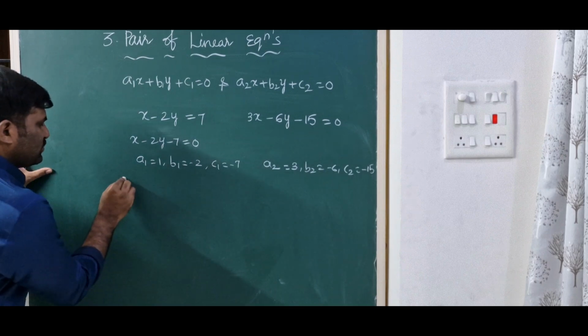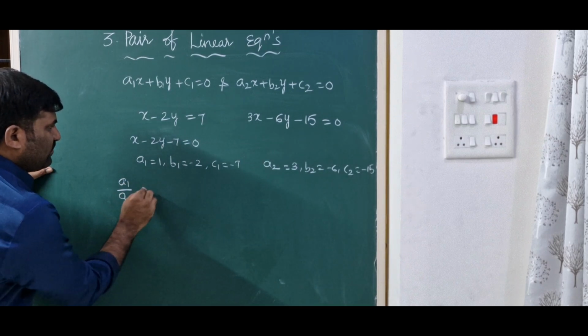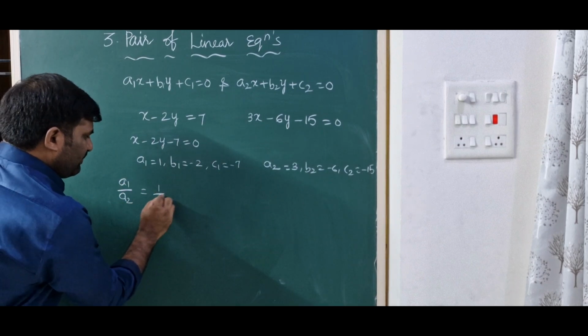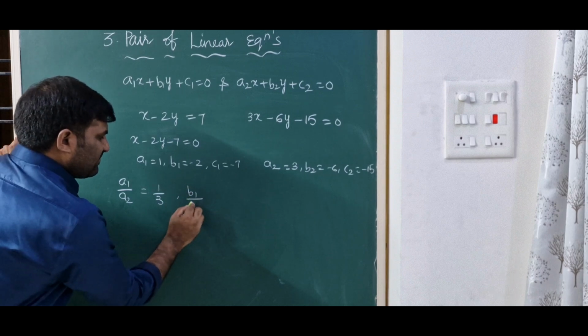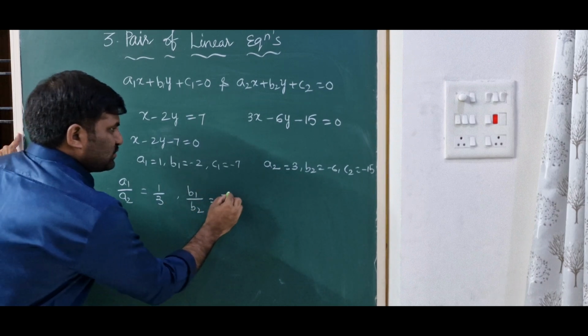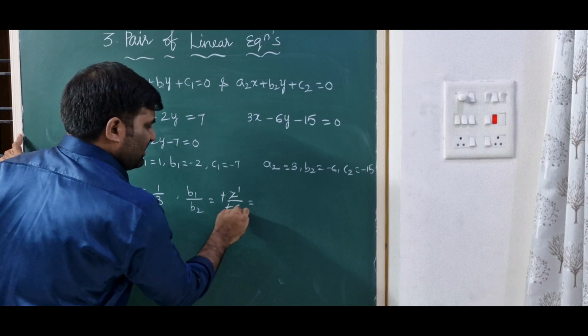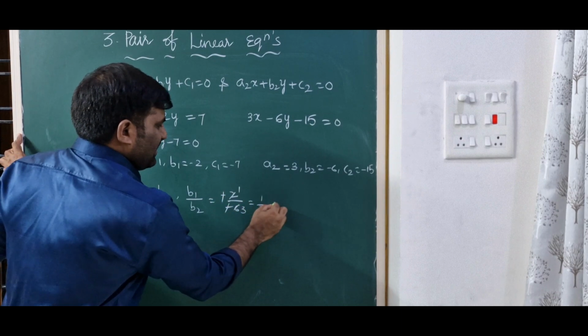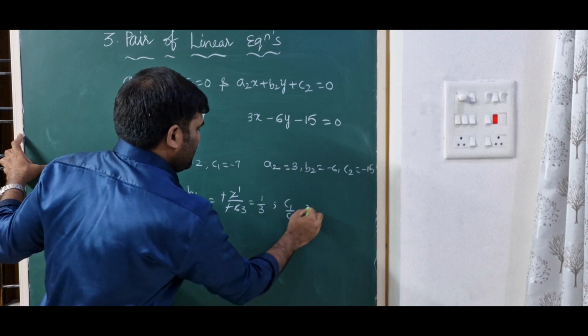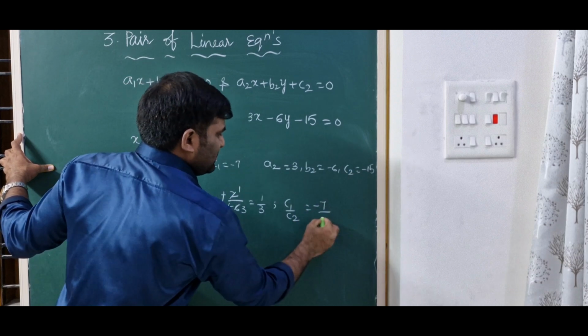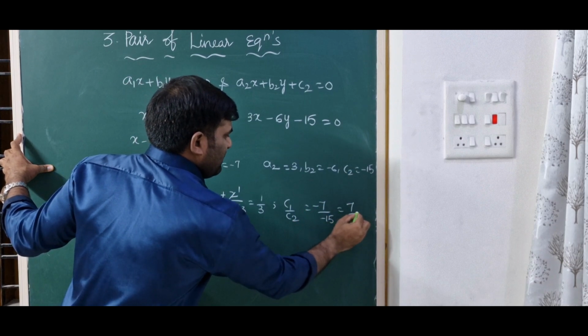So first find the ratio of a1 by a2. a1 by a2 is equal to 1 by 3. Next, b1 by b2 is equal to minus 2 by minus 6, and the minus minus gets cancelled, 1 and 3, 1 by 3. Next, c1 by c2 is equal to minus 7 by minus 15, which is equal to 7 by 15.